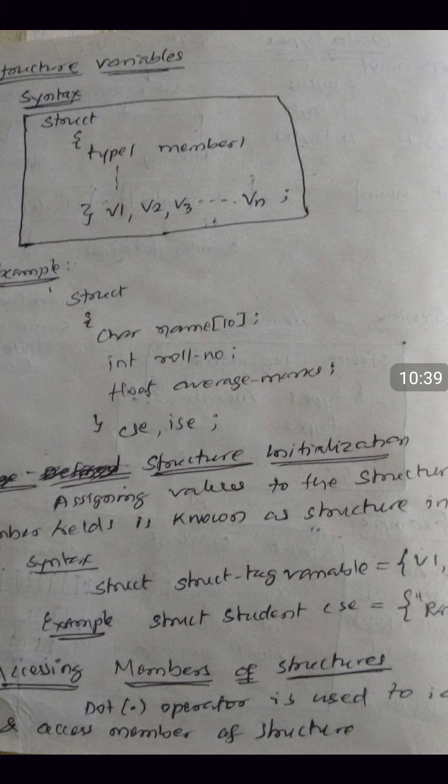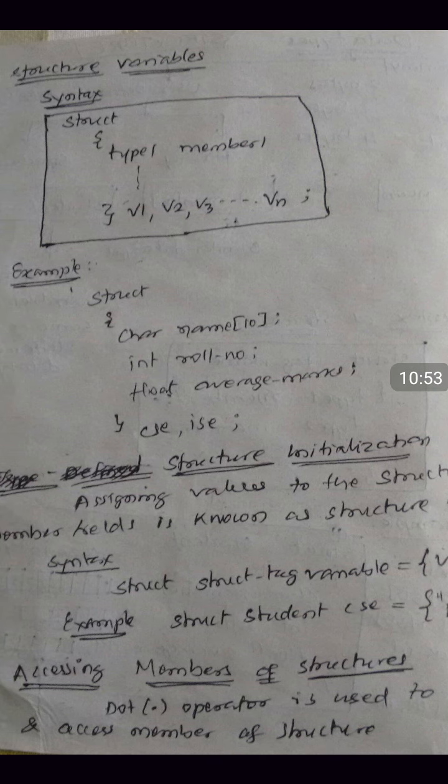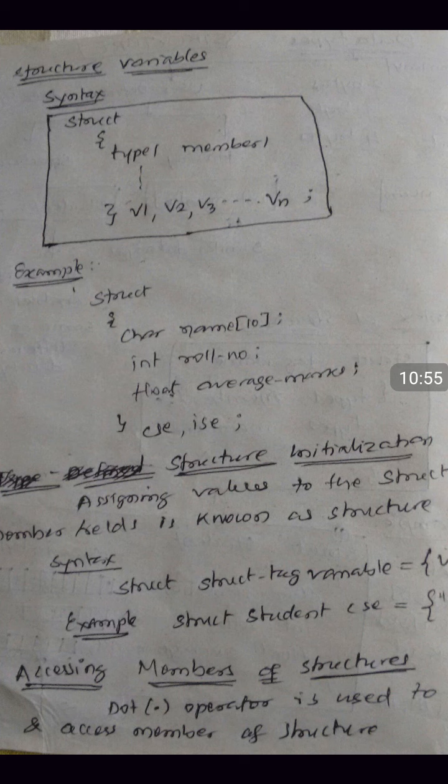So how will we access this data? Access in the sense of how we can retrieve the content from the memory, or how we write the content into the memory, means we have a special operation called the dot operation. Whenever we want to access anything from a particular structure, we use the structure variable name followed by a dot and the member.